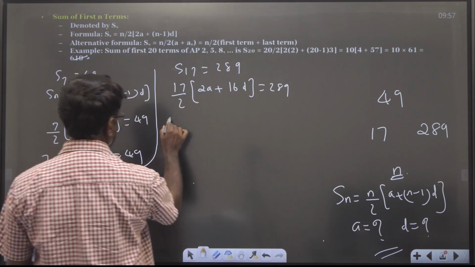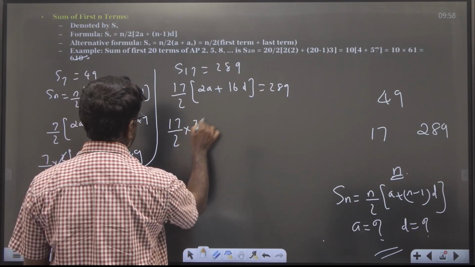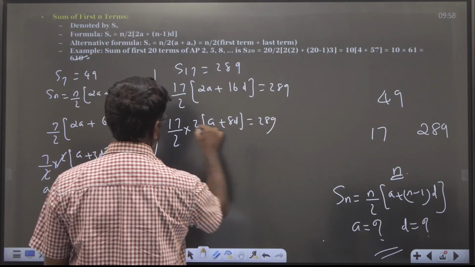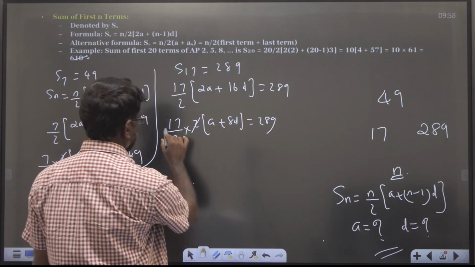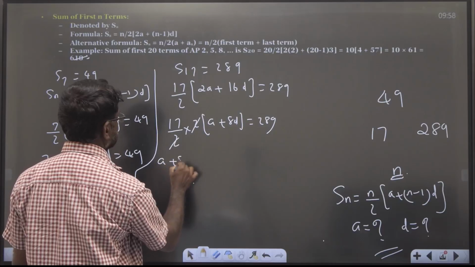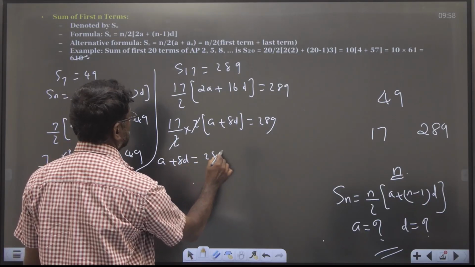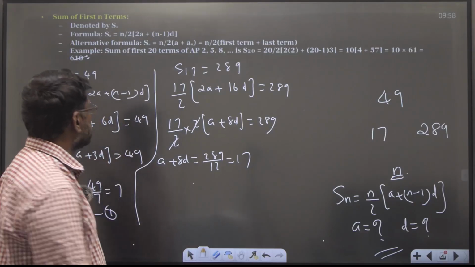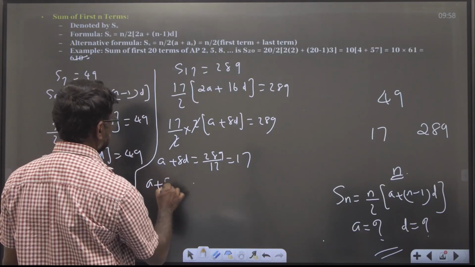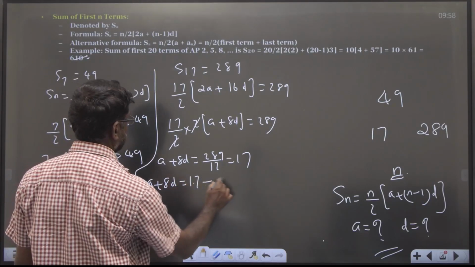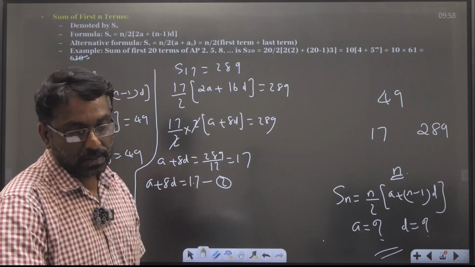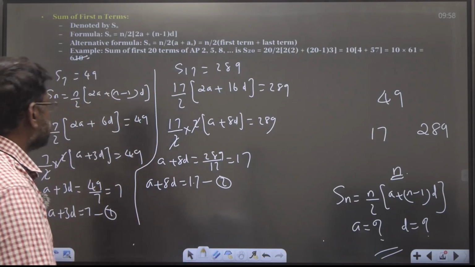Again, 2 is the common factor: 17 by 2 into 2 into (a plus 8d) equals 289. 2 can be cancelled. Take 17 to the right hand side. A plus 8d is equal to 289 by 17, that is 17. One more equation: a plus 8d equals 17. Take it as equation 2. A plus 3d is equal to 7, the first equation, and a plus 8d equals 17.